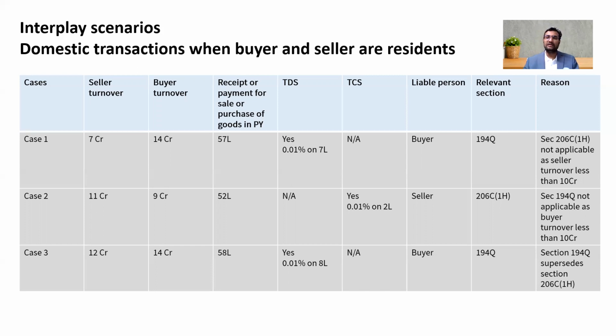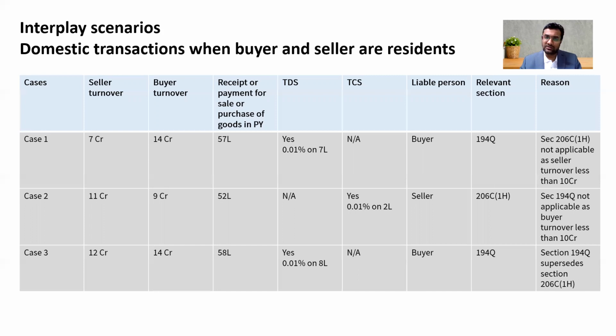As we discussed earlier, if both section 206C(1H) and section 194Q are applicable, section 194Q will supersede 206C(1H). So the buyer has the responsibility to deduct TDS at the rate of 0.01% on the amount above 50 lakh rupees.